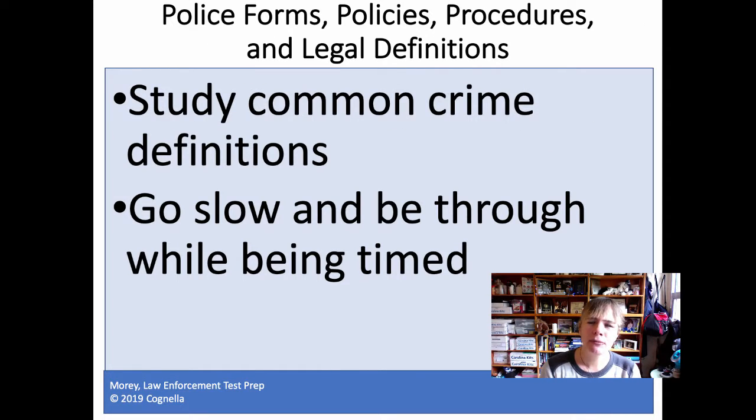All right, police forms now. We're into police forms, policies, procedures, and legal definitions. Study common crime definitions. For example, you should know the difference between a burglary and a robbery. Do you? Burglary is, you don't have to be home when it happens.